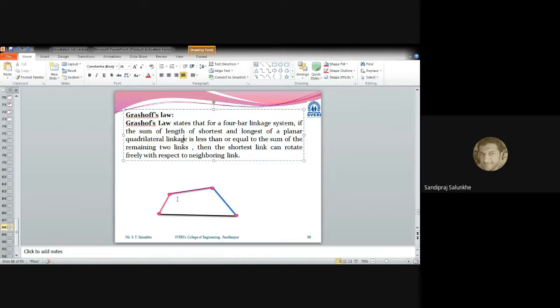Okay. So first of all, we'll say that this red or pink link is having the shortest length. So we'll name it S, where S stands for shortest length.